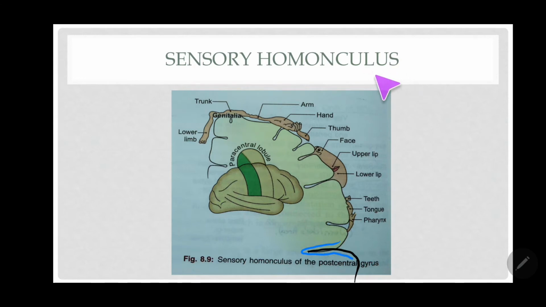On the upper or dorsal surface of this posterior ramus of the lateral sulcus, you find this area which I have drawn in green, and this area is actually area 43, the gustatory area.